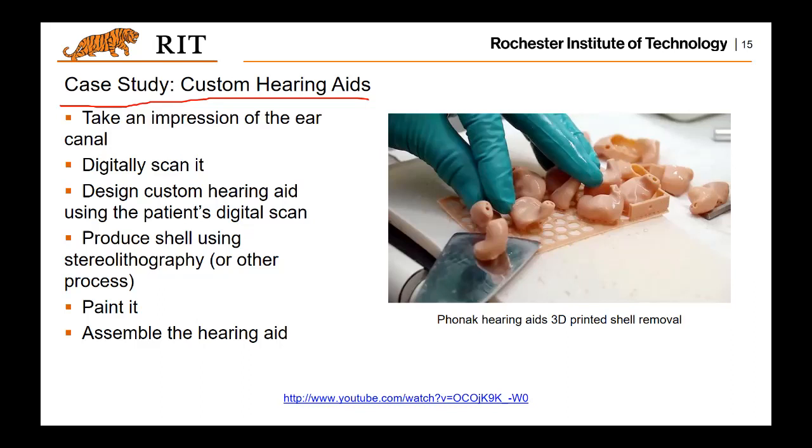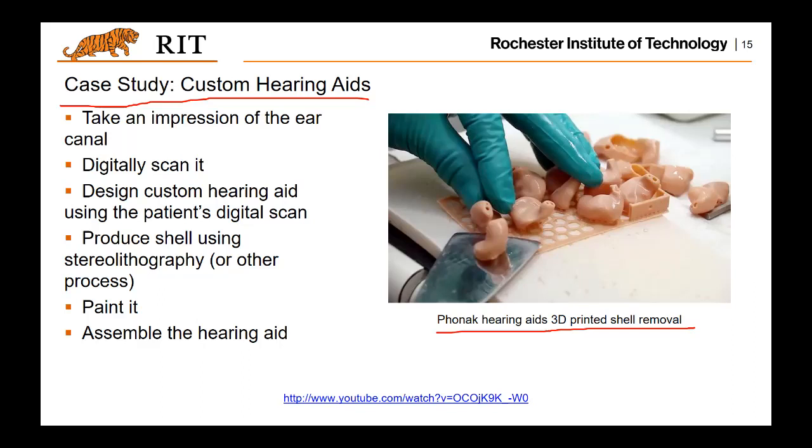And again, additive manufacturing or 3D printing would be the best fit to produce such customized parts. As you can see here, there are some companies that 3D print the hearing aid shell using a stereolithography based method.